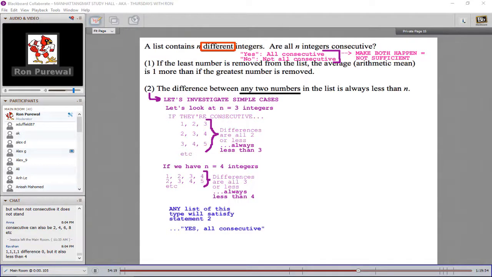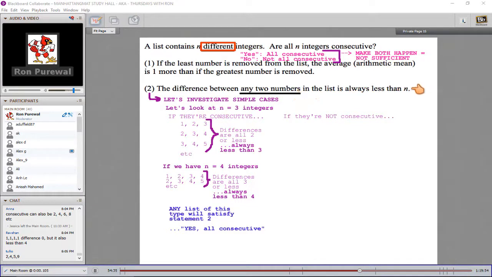If they're not consecutive, let's try making the smallest possible difference, because we still want to keep the differences under this ceiling, right? So like 1, 2, 4.